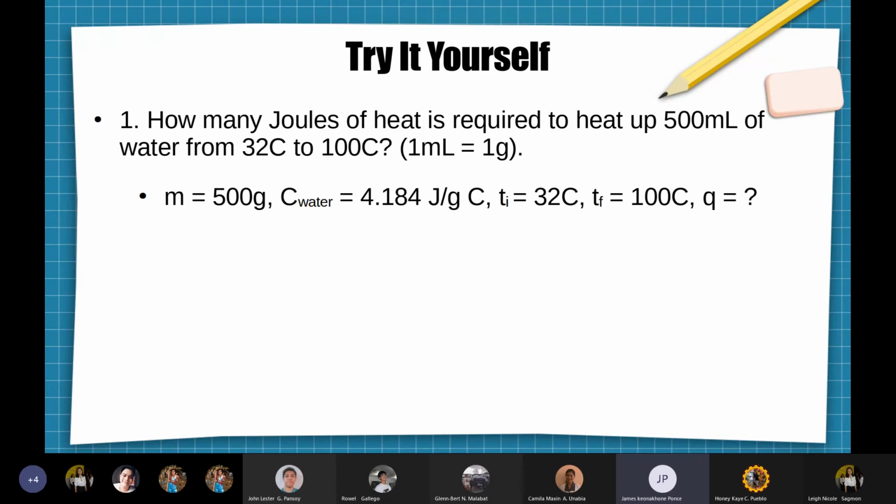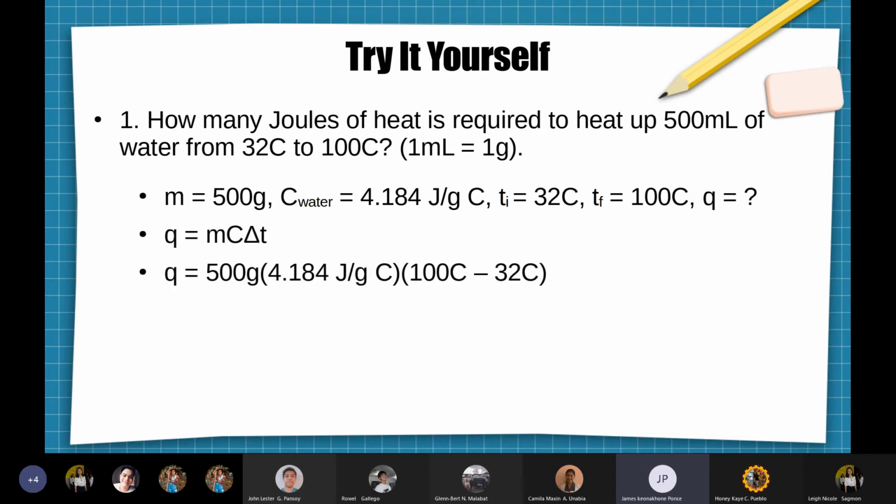And the specific heat capacity of water, 4.184 joules per gram Celsius. And then delta T, which is 68. So we use the standard formula again. The heat absorbed by the water is 142,256 joules. Albrin Paul answered 1.4 times 10 raised to the power of 5 joules.